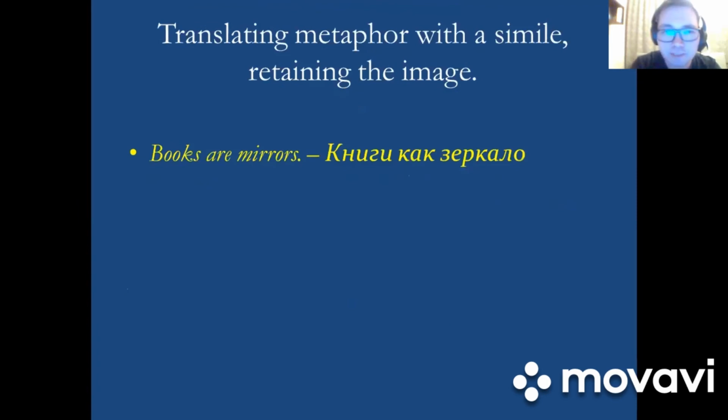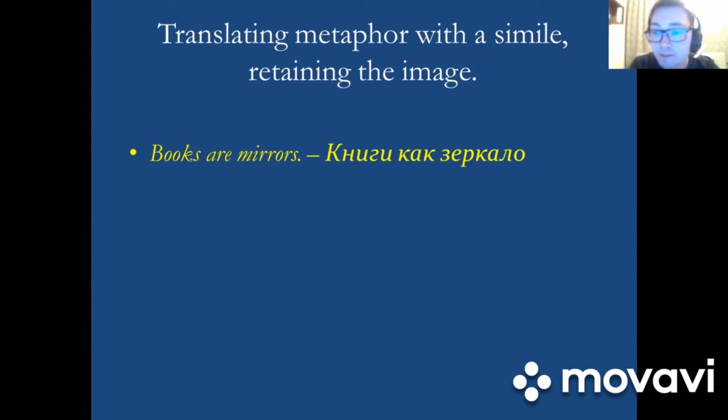Next way to translate metaphors is through translating by similes, retaining the image. For example, books are mirrors. Книги как зеркало. So you already know that similes represent the comparison of objects belonging to different categories.